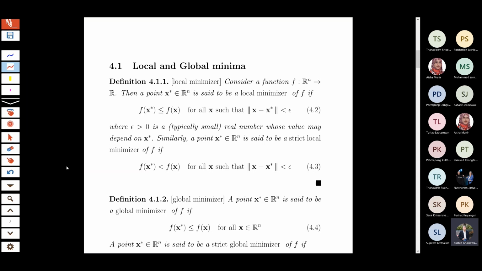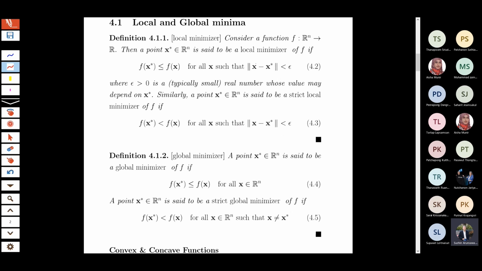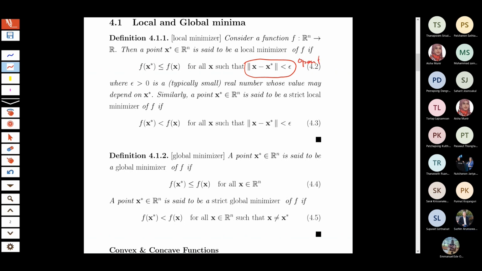We describe the neighborhood in the form of an inequality. This is what we call an open ball in R^n space.